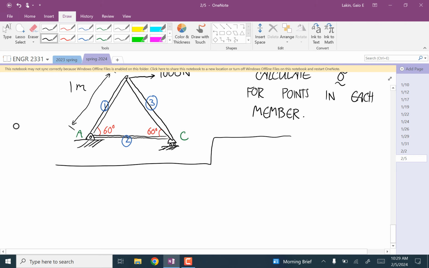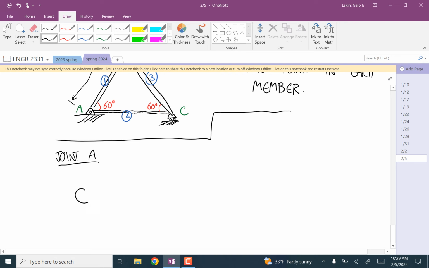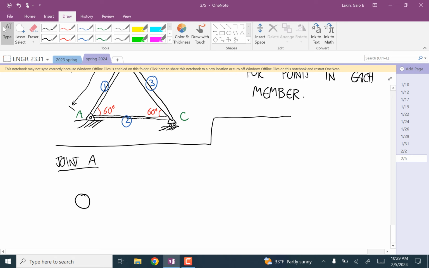So first I'll start with joint A, and we're treating this like it's a particle. There's this tension from member 1, I'll call that F1. There's a tension from member 2.